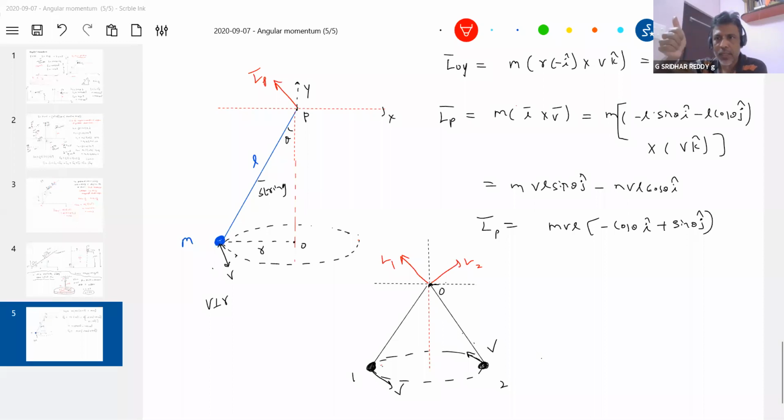Look, the thumb will not rotate about the y-axis. It will make some angle. Able to see this? It will not be in one direction. Somewhere it'll be like this, then again at some position it'll be like this.